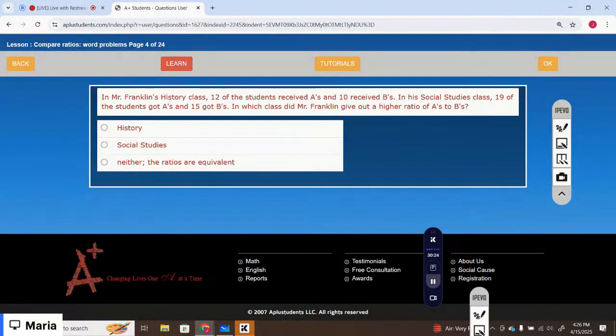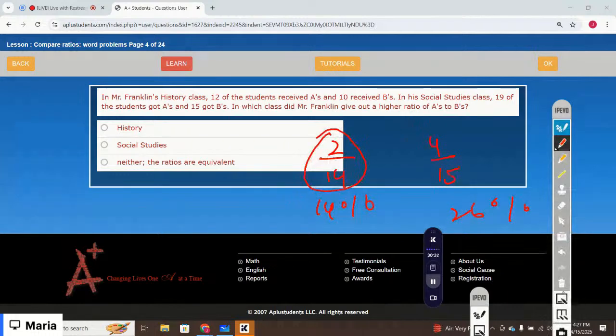In Mr. Franklin's history class, 12 of the students received A's and 10 received B's. In social studies class, 19 got A's and 15 got B's. So, in which class did Mr. Franklin give out a higher ratio of A's to B's?